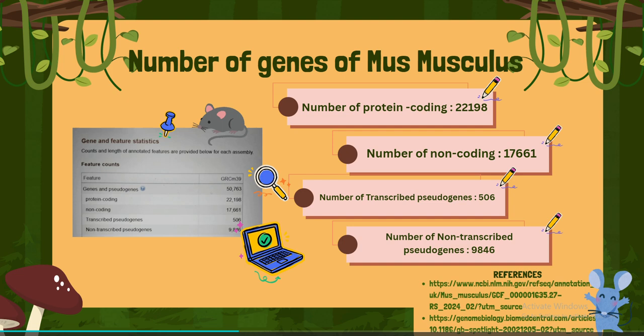Number of transcribed pseudogenes is 506. Number of non-transcribed pseudogenes is 9,846.